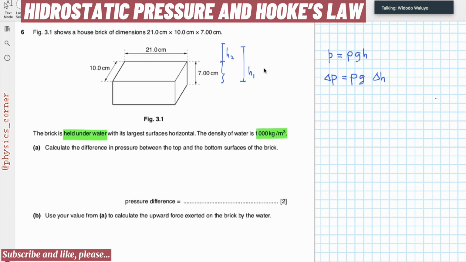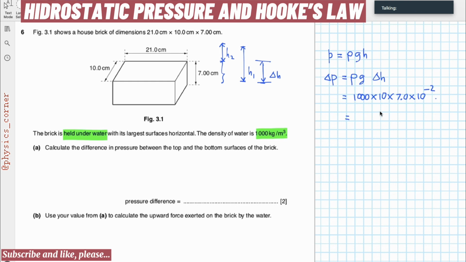Rho is the density of water, 1000, g we use 10, and this is 7. Remember, this is in centimeter; we need to convert into meter, times 10 to the power minus 2.